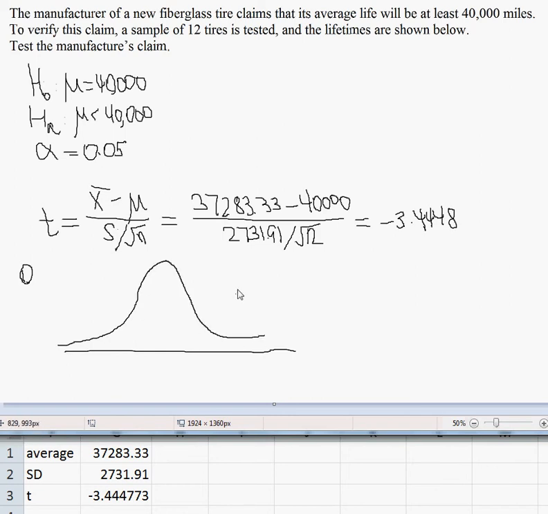Now the curve is no longer going to be the normal distribution. It's going to look something similar to a normal distribution, but it's actually going to be a t distribution with 11 degrees of freedom. 11 because n was 12. The number of degrees of freedom will always be n minus 1. So then I find my mark here, negative 3.444773, and I need to figure out the area to the left of that mark.